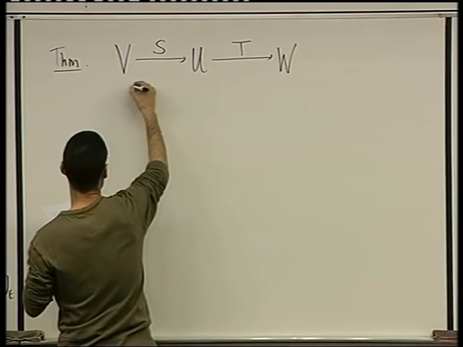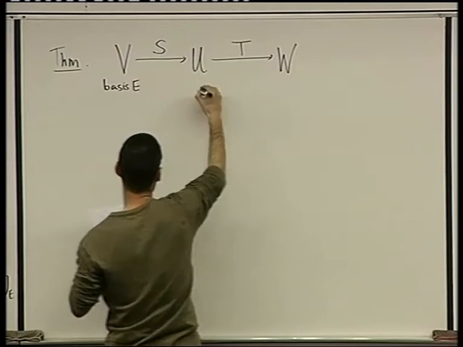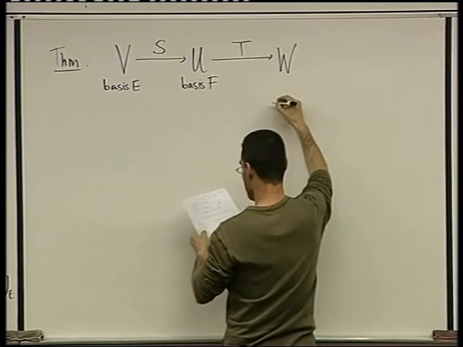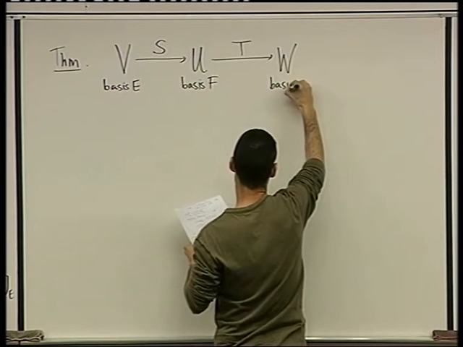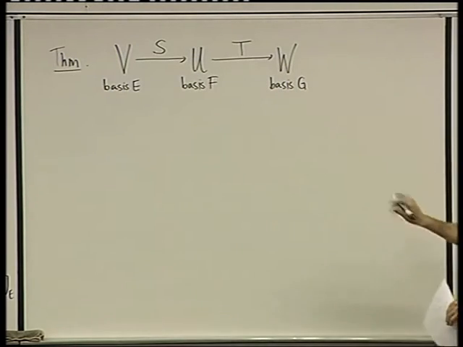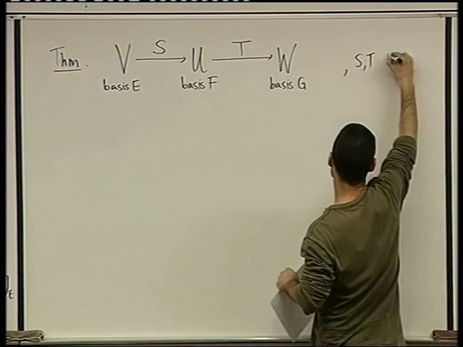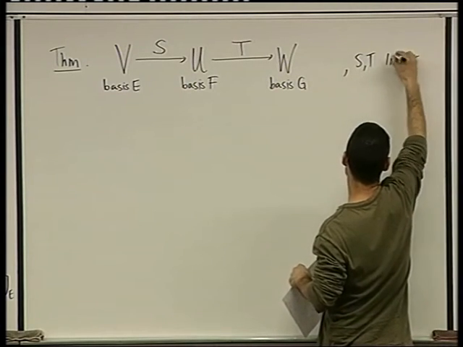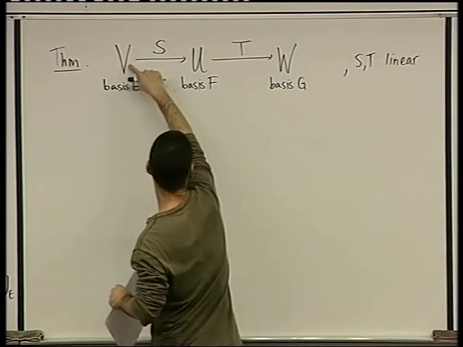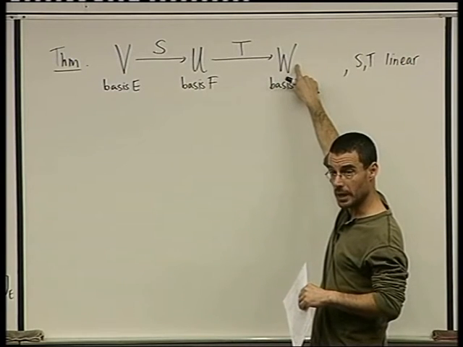So let's take a basis E for V, a basis F for U, and a basis G for W. Okay, so this is the setup. And all these maps are linear. S, T, linear. So we know there's a composition going from V to W. The composition is called TS, right?